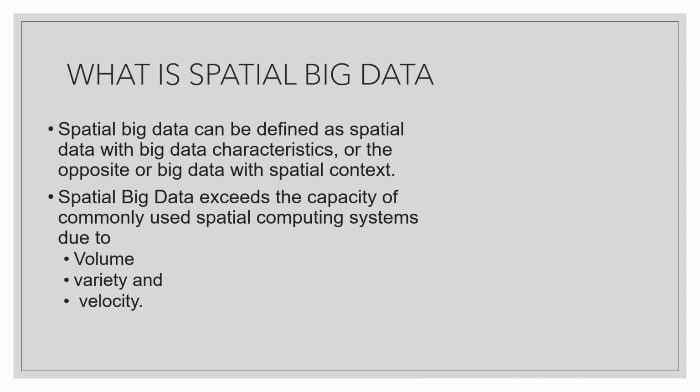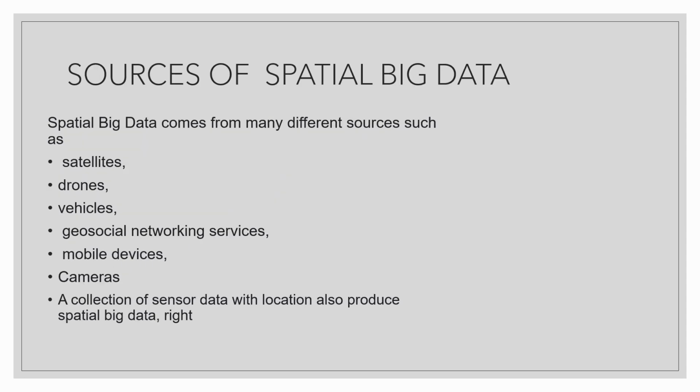Geosocial networking services, mobile devices, cameras, a collection of sensor data with location also produce spatial big data. Some types of spatial big data are speed every minute for every road segment, GPS trace data from cell phones, engine measurements of fuel consumption, which can be estimated from fuel levels, distance traveled, and engine idling from engine RPM and greenhouse gas emissions.